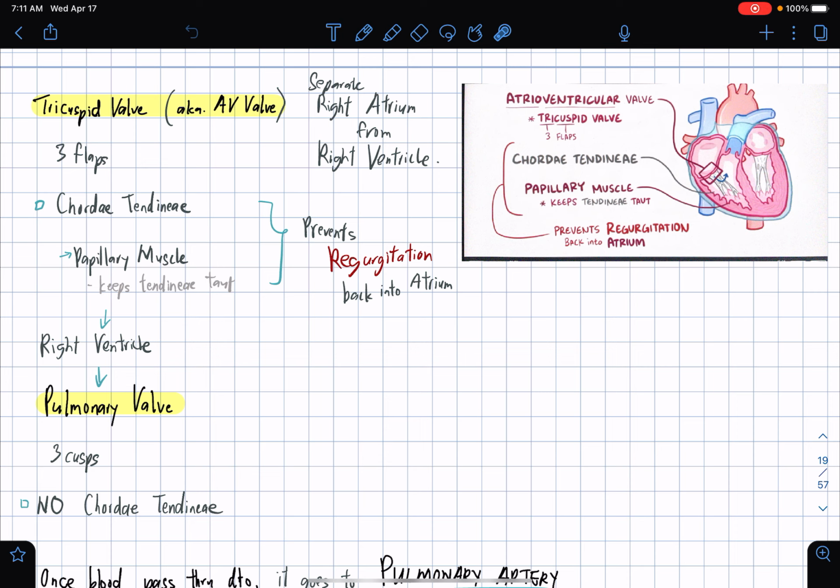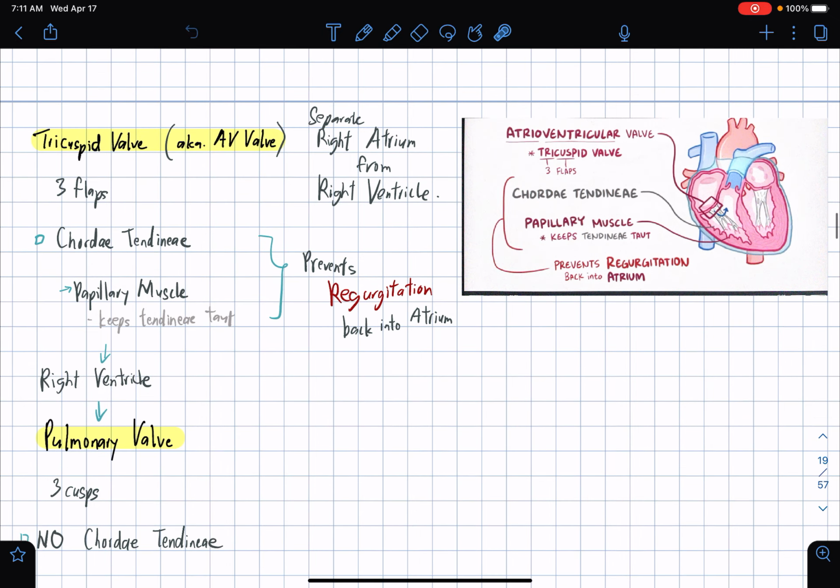I don't know how to explain this in easier terms, but this is what I got from an Osmosis video. All in all, chordae tendineae prevents regurgitation back into the atrium. So I believe it has something to do with valves being responsible for making sure that blood does not come back to where it was after the valve has pumped, in a way.